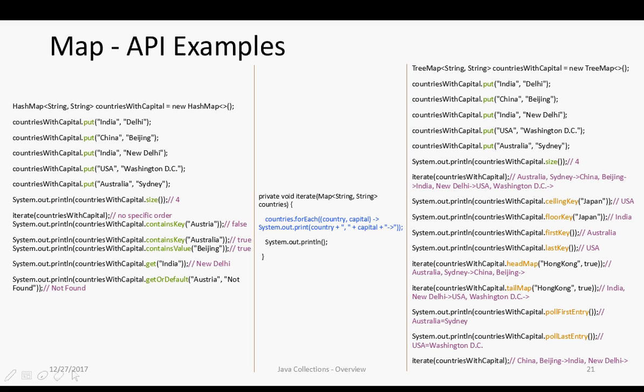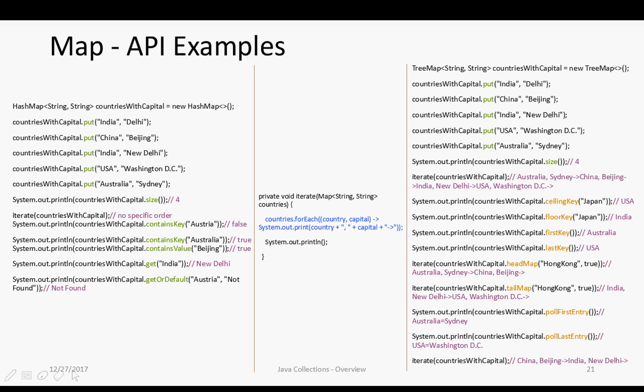The iterate is common to both the left and the right implementation, which is a TreeMap and a HashMap. What we deliberately did is we tried to insert India with Delhi as a capital and India with New Delhi as the capital. So what map will do is it will take the recent value, that is New Delhi, and it will ignore or remove this Delhi from the value.